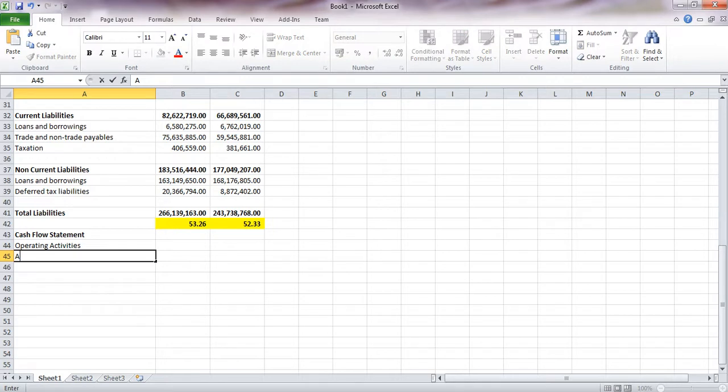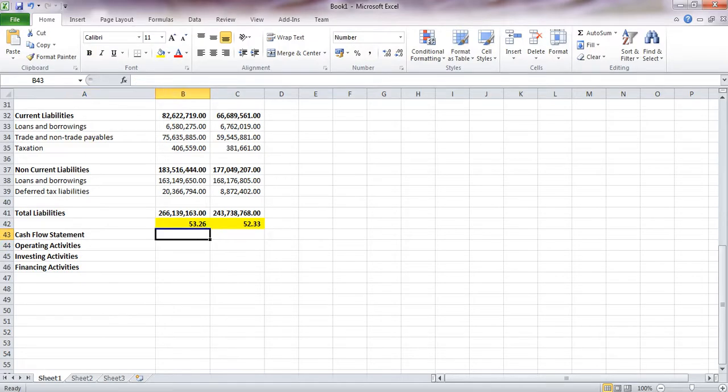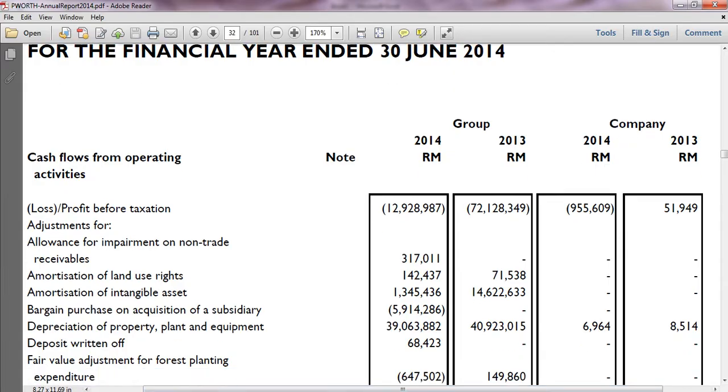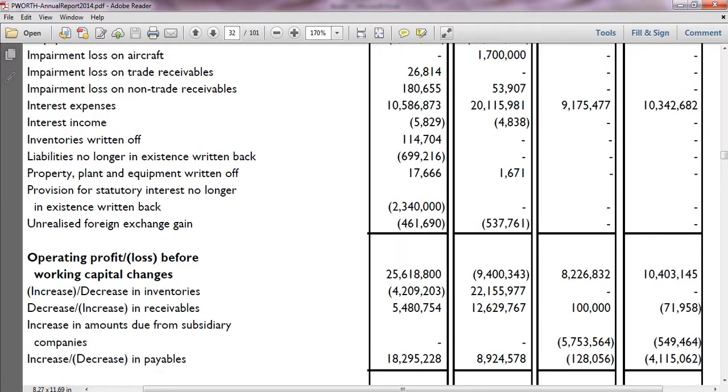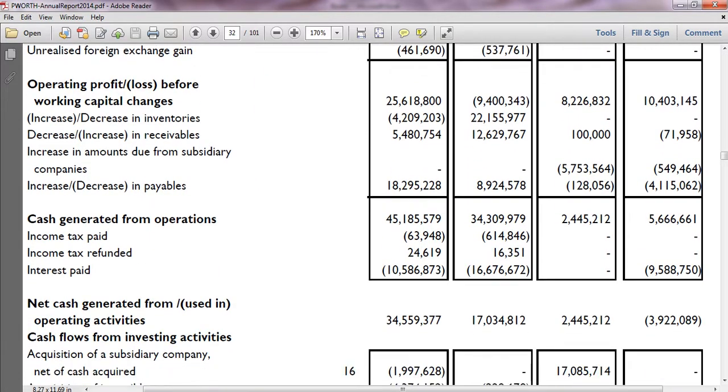The next one is called investing activities, and the last one is financing activities. These are the three things that I concern myself with. So what I'm going to do over here is very simple. All the rest I don't even need.